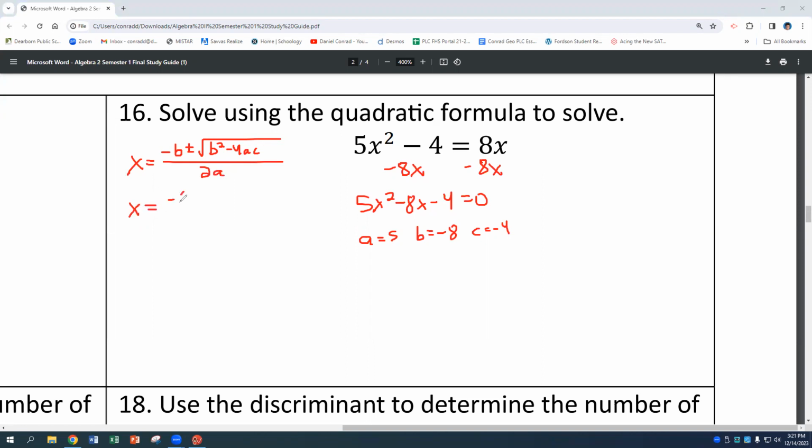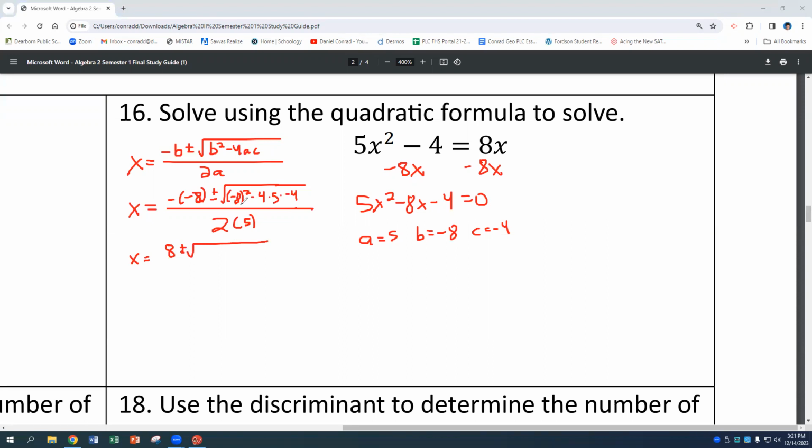So we get negative 8 plus or minus negative 8 squared minus 4 times 5 times negative 4 all over 2 times 5. All right, so there's our numbers plugged into or substituted into the quadratic formula. That's going to give us positive 8 out here, plus or minus the square root.